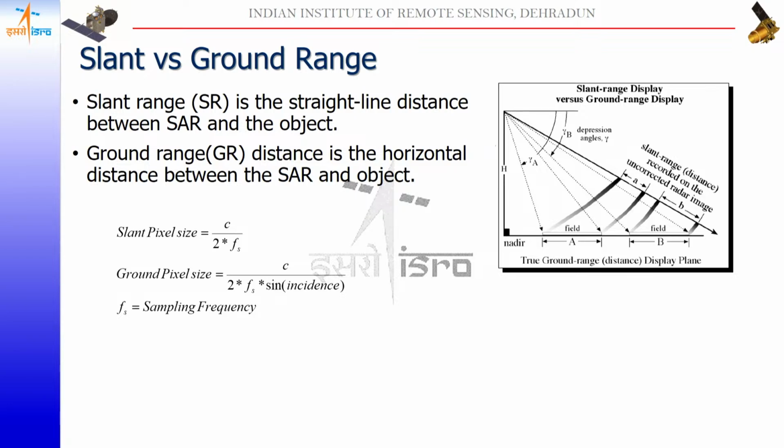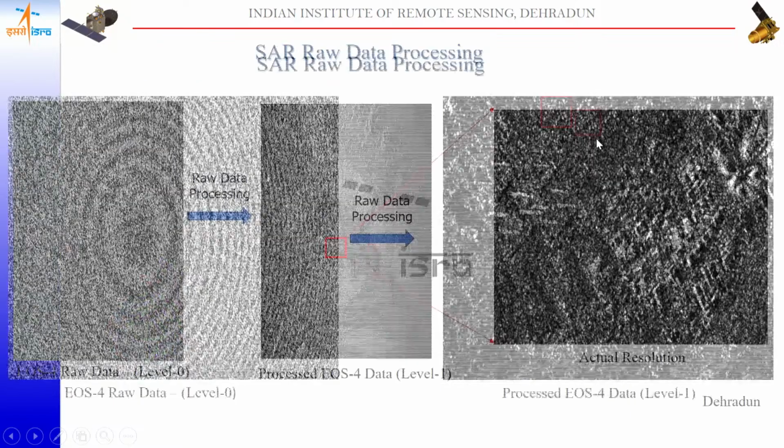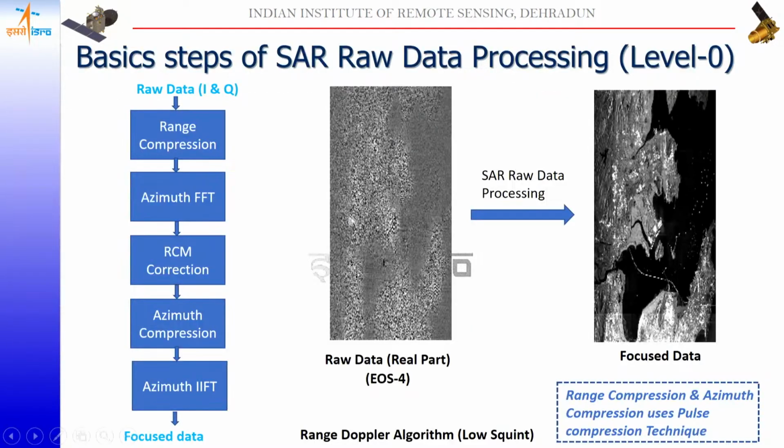Now, normally the data is acquired in the slant range plane. If this is the radar, this line is called the slant range, and the plane containing this line is called the slant range plane. In raw data processing, which I told you about in the slide, when we convert this, all of it is done in the slant range plane.